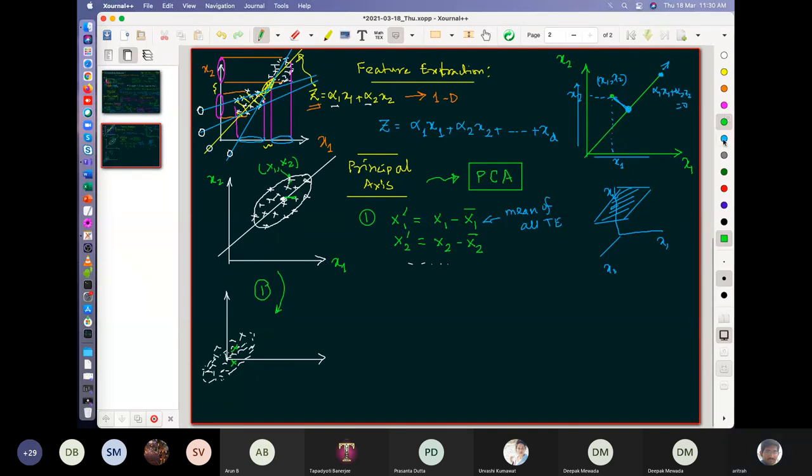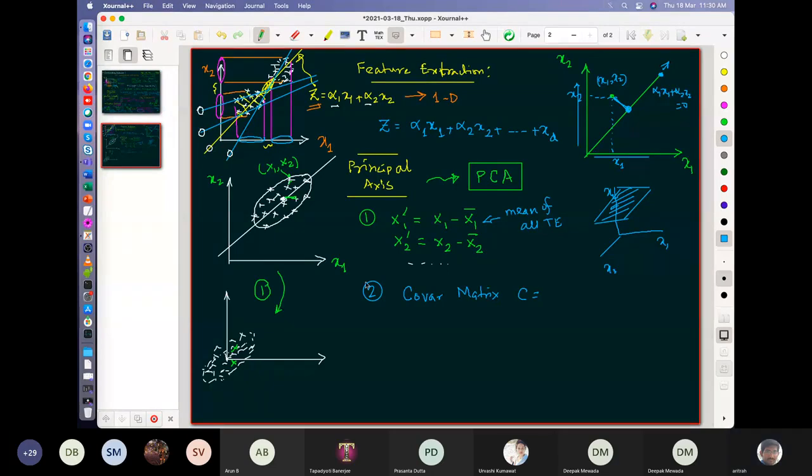Okay. Step number 2. From here, I produce a covariance matrix of all the points in capital D dimensions that I have.